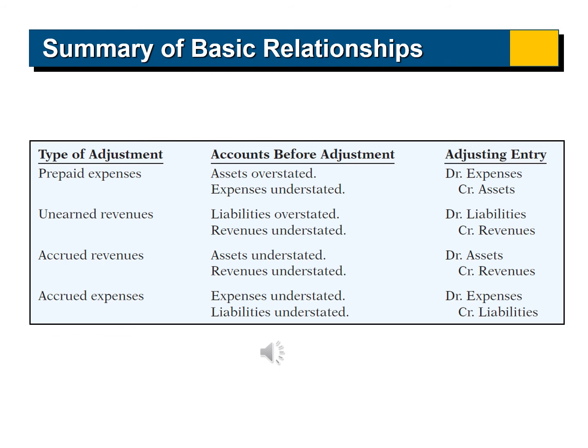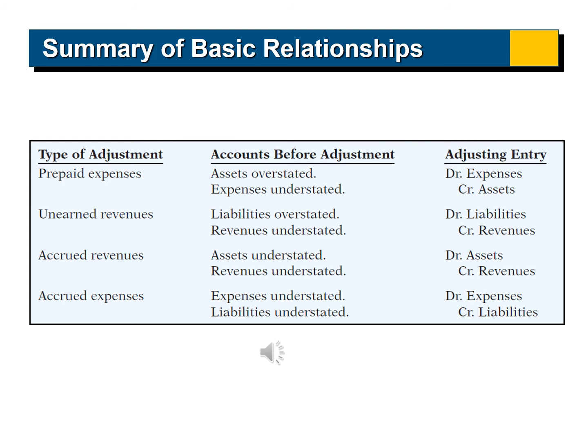For the unearned revenues, before the adjustment, the liabilities are overstated and the revenues are understated. And when the unearned revenue is earned, the liability is debited, which is the unearned revenue, and the revenues are credited.